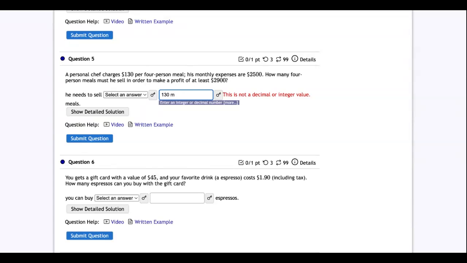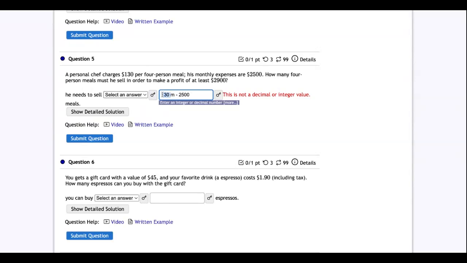But he has monthly expenses of 2,500, right? Subtract, right? This much money minus 2,500, so that's his cost, his monthly expenses. And then profit, remember what's profit? Profit is the revenue minus cost.